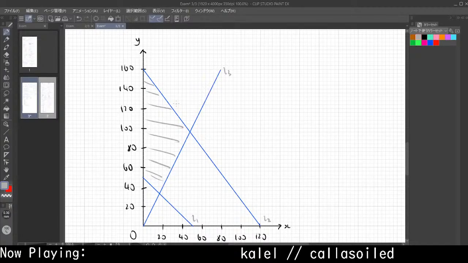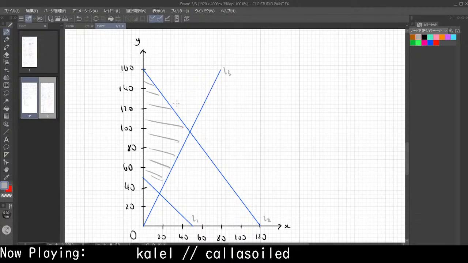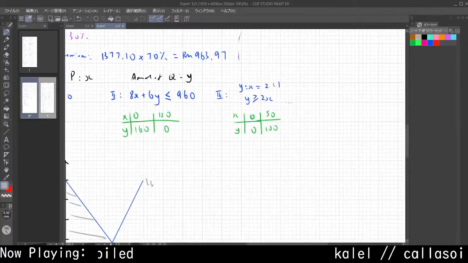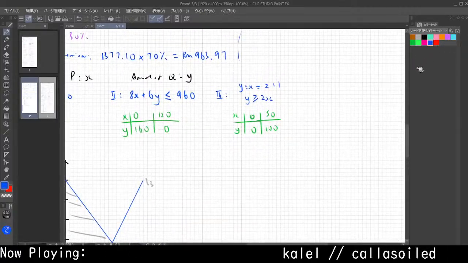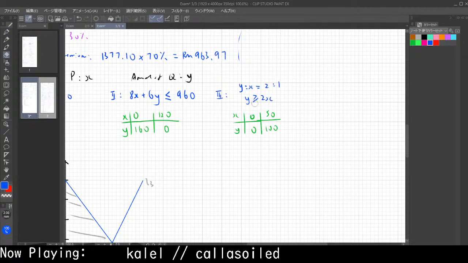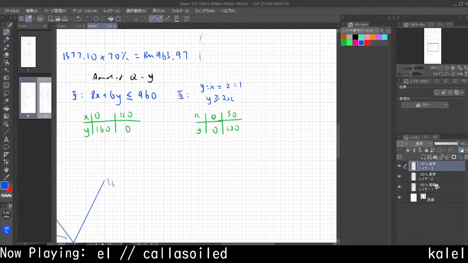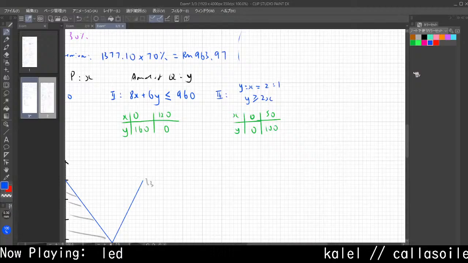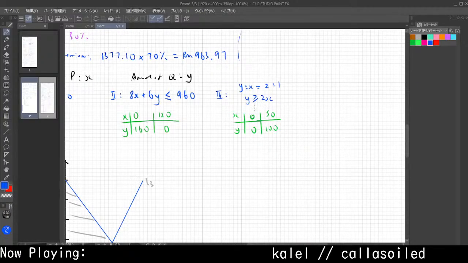Wait, what? Oh, wait. Oops. Y is at most. Okay, never mind. No wonder. Take a look at the inequality. It's supposed to be y is at most 2x, so y cannot be more than 2x.